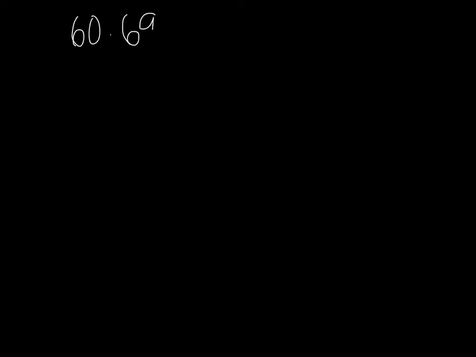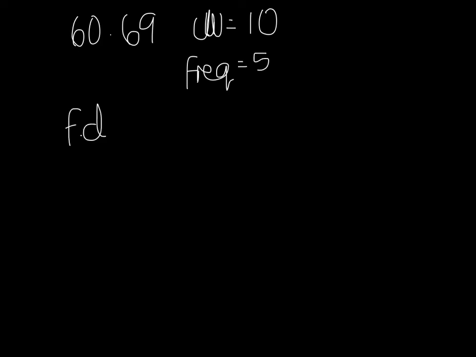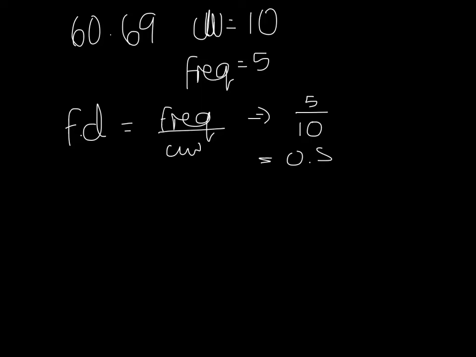60 to 69, that's a class width of 10 and a frequency of 5. So we know frequency density is calculated by doing the frequency, which would be the area, divided by the class width, which is 5 over 10, which is 0.5.